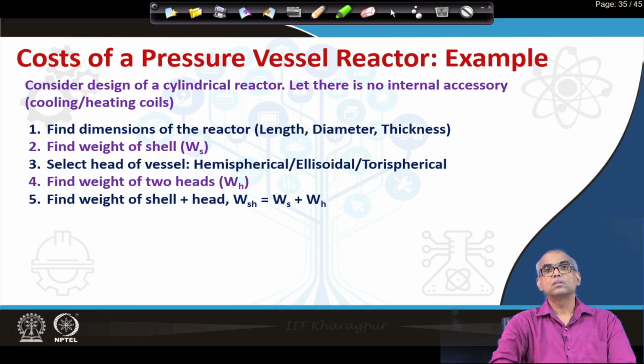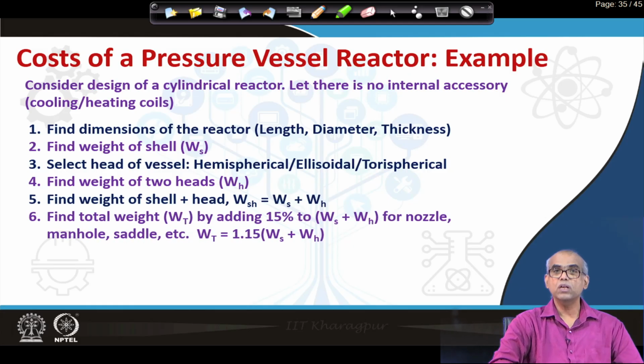So, find out the weight of the shell plus head. Now, let us add 15% of this shell weight plus head weight to take care of nozzle, manhole, saddle, etc. So, I now obtain the total weight, which includes weight of shell, weight of head as well as 15% additional for nozzle, manhole, saddle, etc.